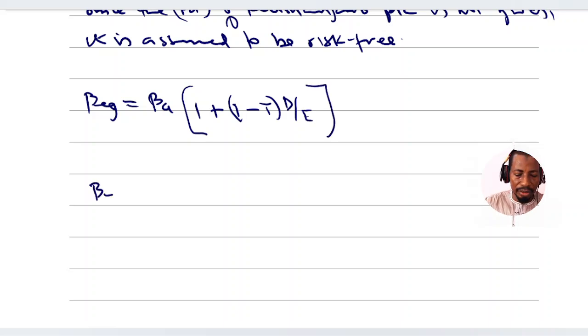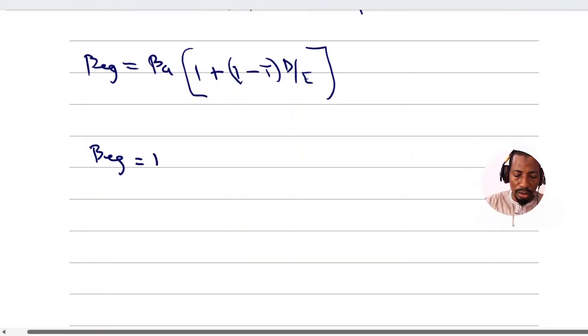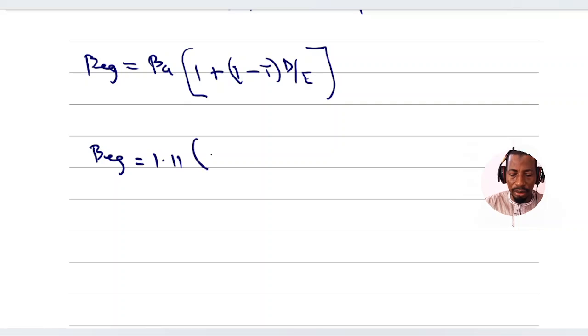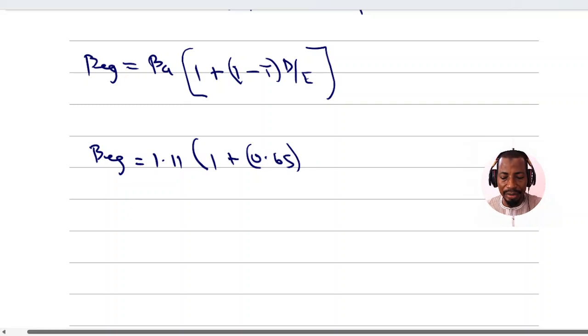So the beta equity will be equal to 1.11 multiplied by 1 plus tax rate is 35%, so we account for 0.65, multiplied by the debt equity proportion of Kilimanjaro.